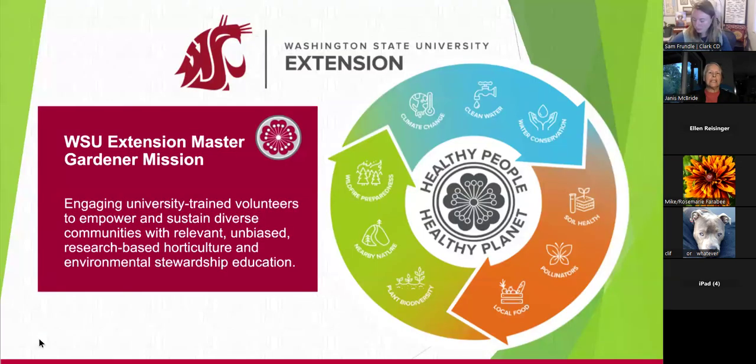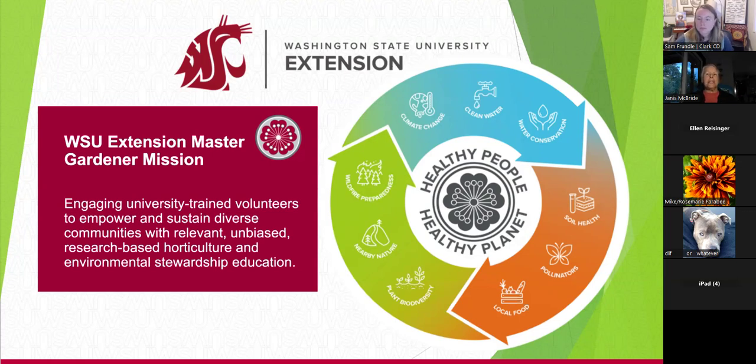Perfect. So just real quick about Master Gardeners, what we do is the program engages university trained volunteers, and we want to empower and sustain diverse communities with relevant, unbiased, research-based horticulture and environmental stewardship.